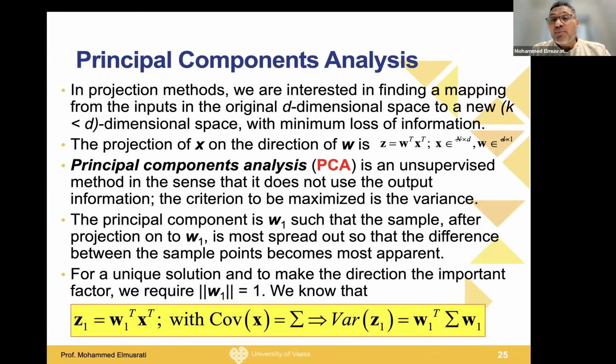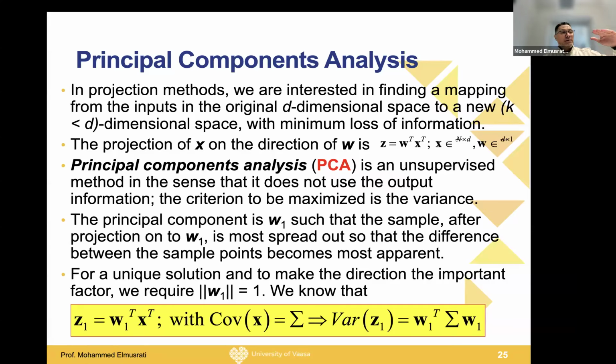Then the also very important part is the projection. The most important projection is the principal component analysis, PCA. The idea of the PCA is very simple, but the result is amazing. What is X here? X is the data that you have.